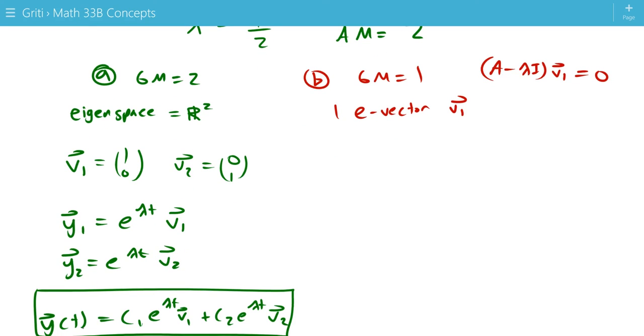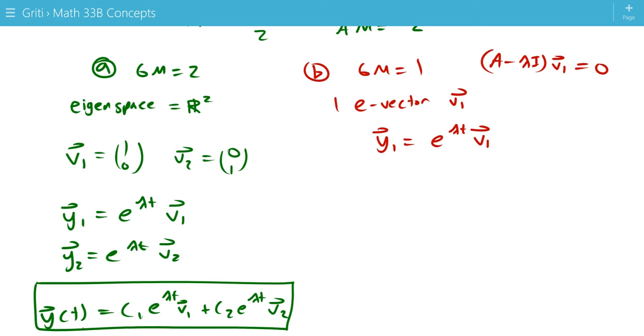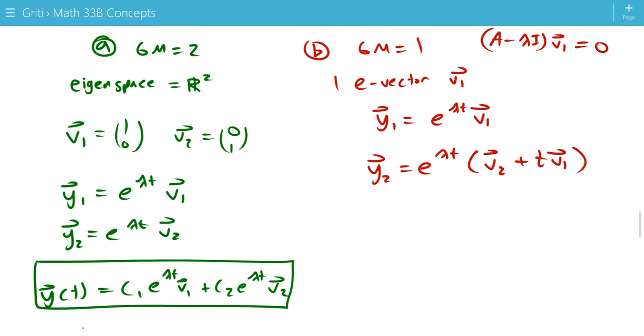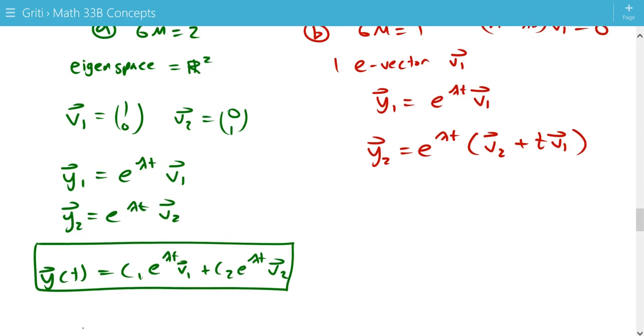First, this will correspond to a solution e to the lambda t v1. And we need a second solution because this is a 2 by 2 system. So the solution is actually going to have the form y2 equals e to the lambda t times v2 plus t v1. So we know what v1 is, we know what lambda is, so we just need to find out what v2 is.